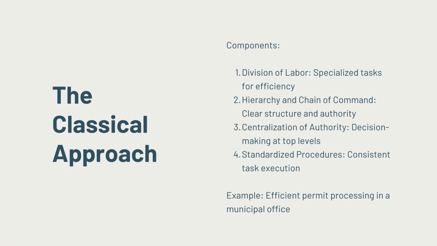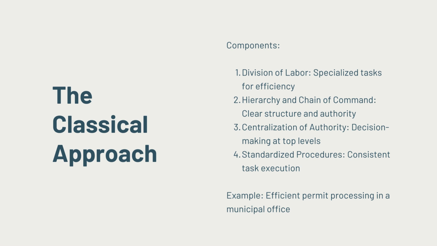Last, we have standardized procedures. The classical approach relies on established procedures and rules to guide the tasks and decision making. This standardization reduces ambiguity, and it also ensures consistency in how tasks are performed.